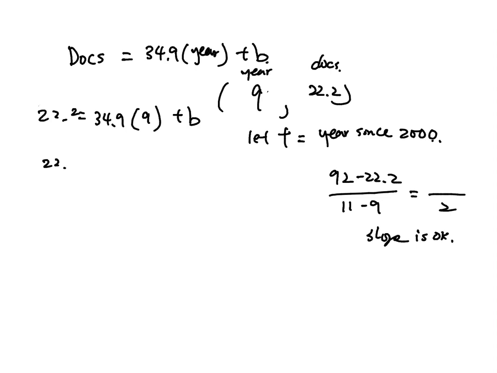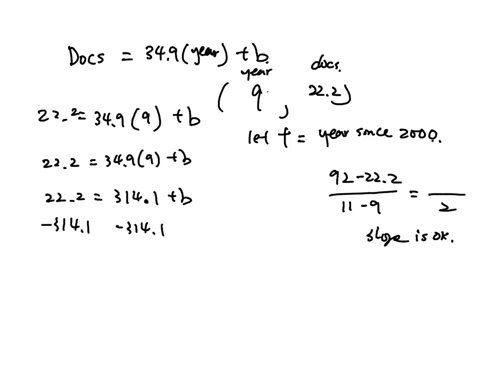So 22.2 equal 34.9 times 9 plus B. 34.9 times 9 by calculator is 314.1, so 22.2 equal 314.1 plus B. To get B by itself, we're going to have to minus 314.1 on both sides. So 22.2 minus 314.1 is negative 291.9 equal to B.